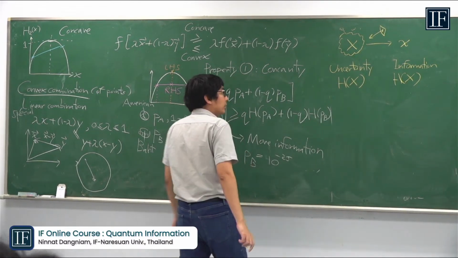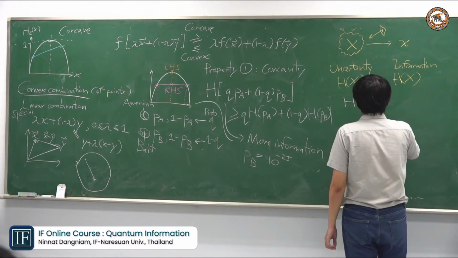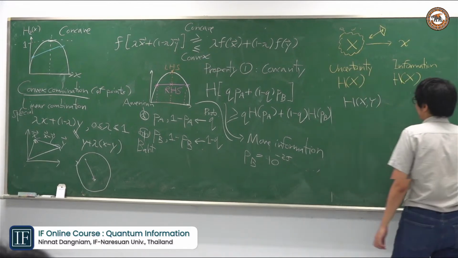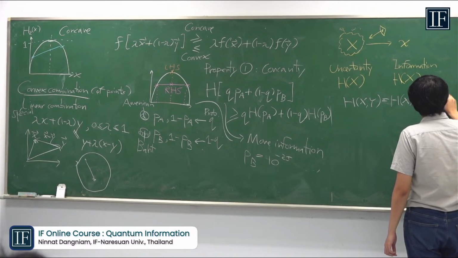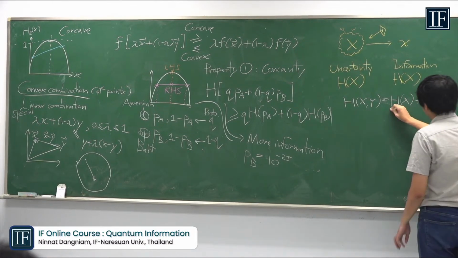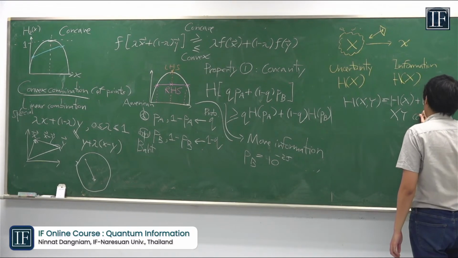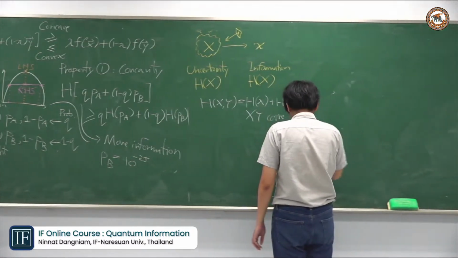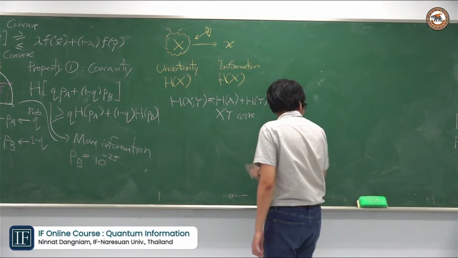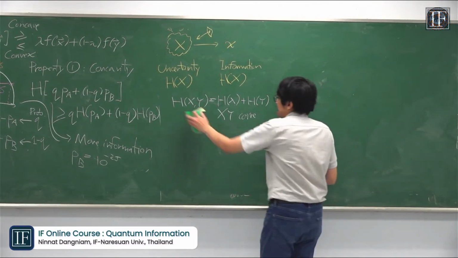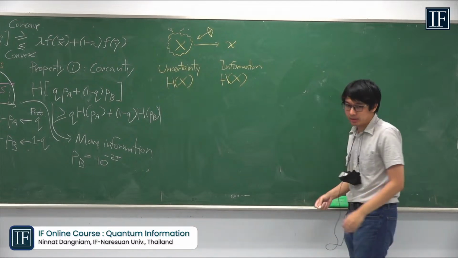So let's see. I haven't defined this yet, but let's just say it has other properties as well. I can mention that now. This is one of the properties, but it's not something that picks out Shannon entropy.